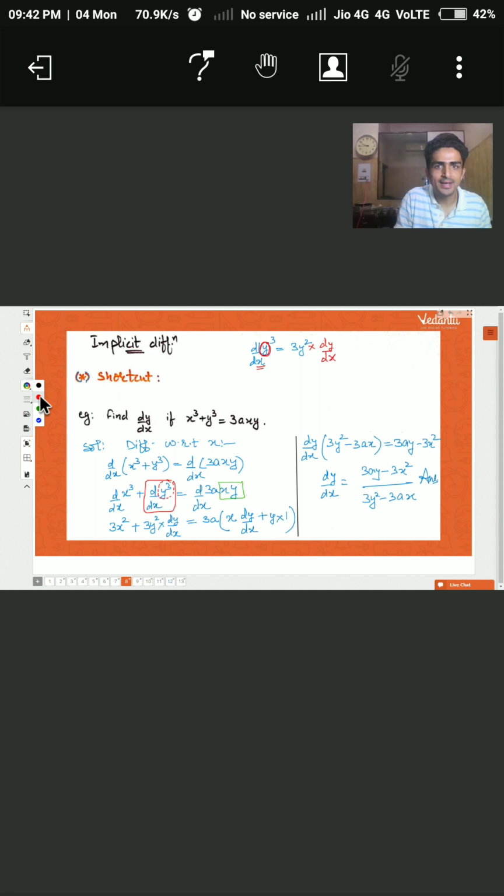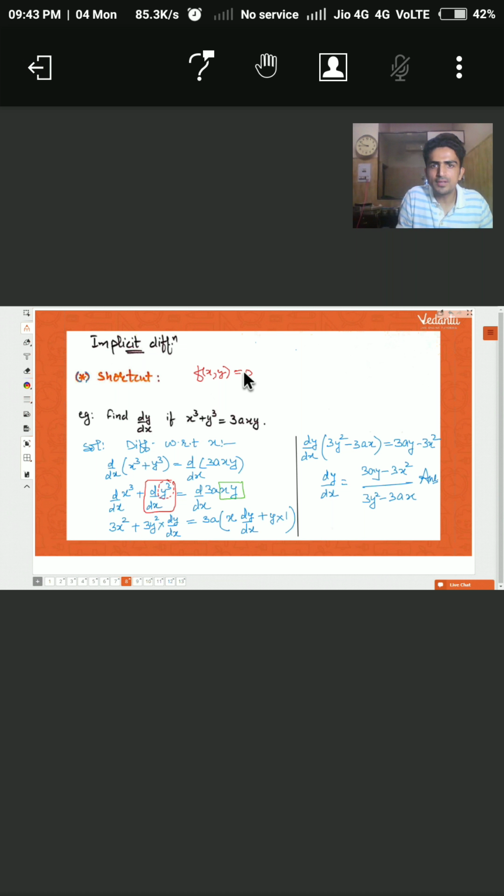Before we proceed ahead, let me give you the shortcut. Guys, the shortcut is when your function is implicit, let me call it f of x comma y, because x and y terms will be combined.